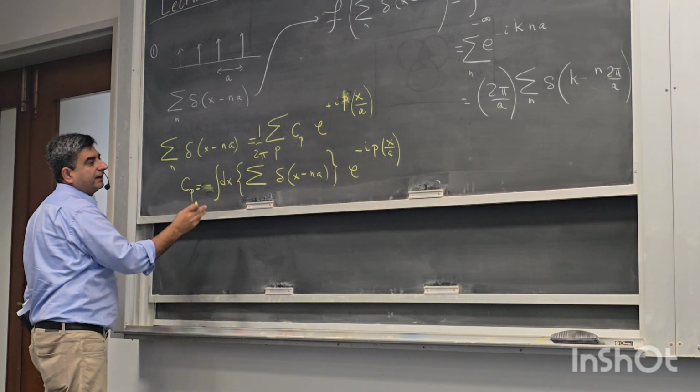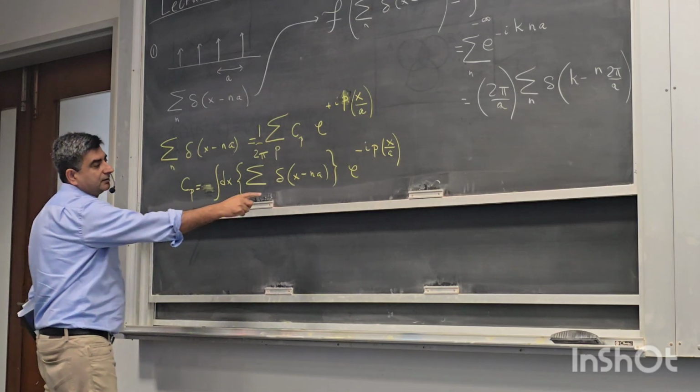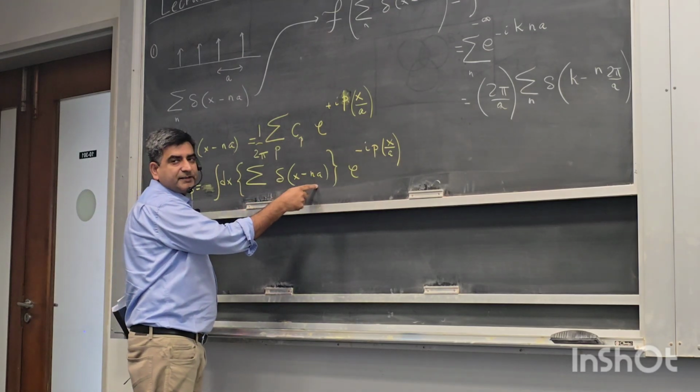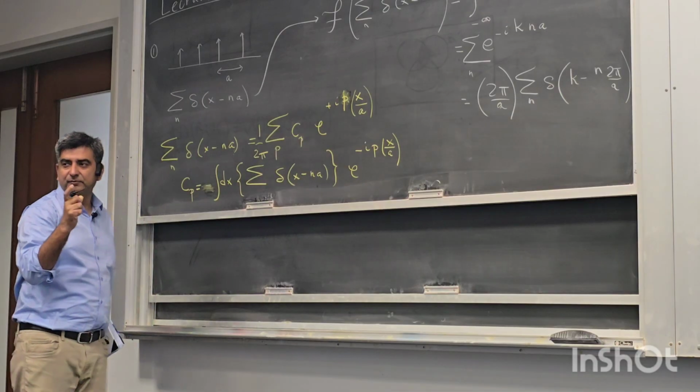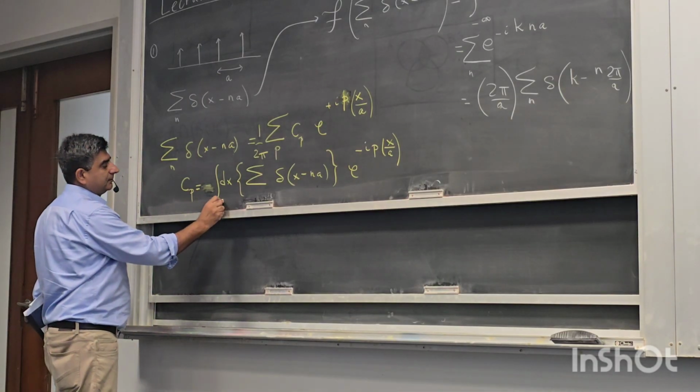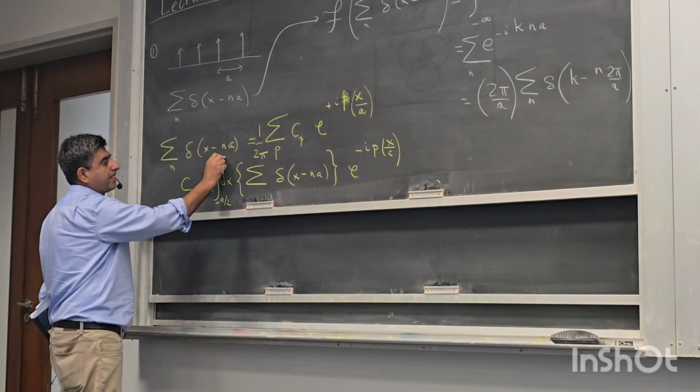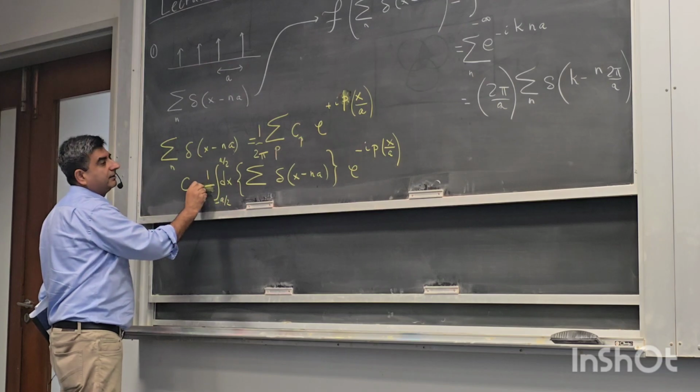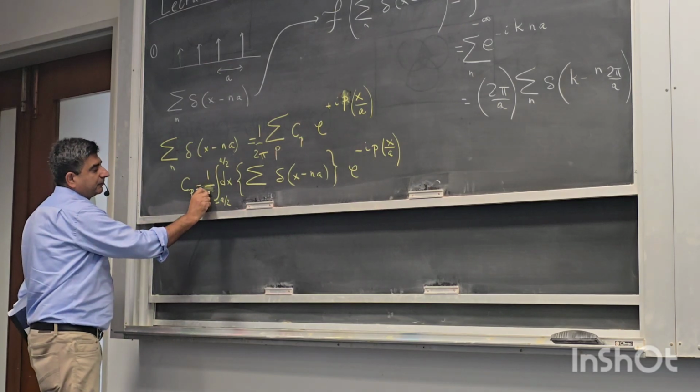Now a period extends from minus a by 2 to plus a by 2. That's the length of one period. And you divide by the period as well, which is 1 over a.